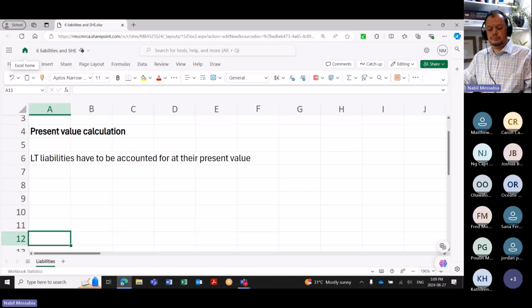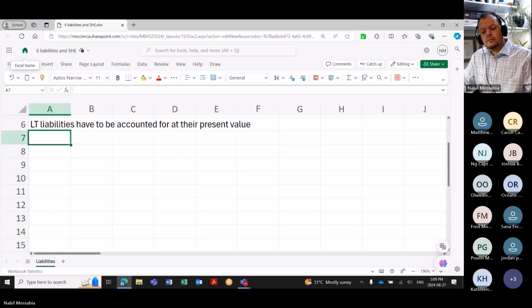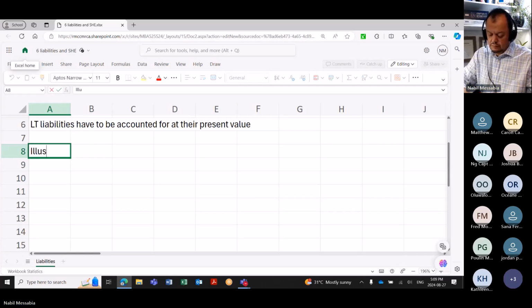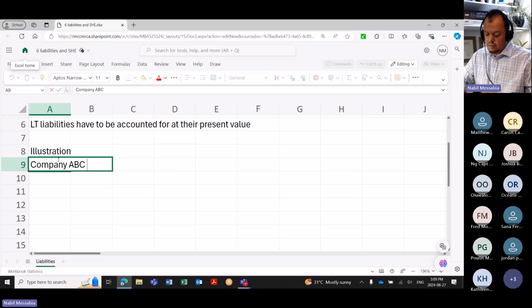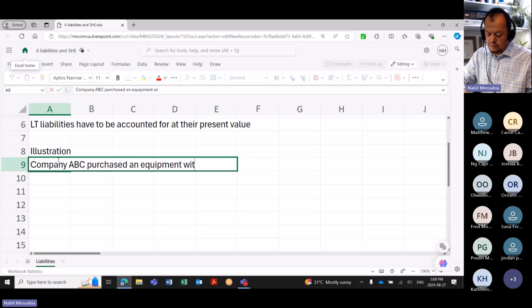For example, let's make an illustration. So let's say company ABC purchased an equipment with this payment schedule.